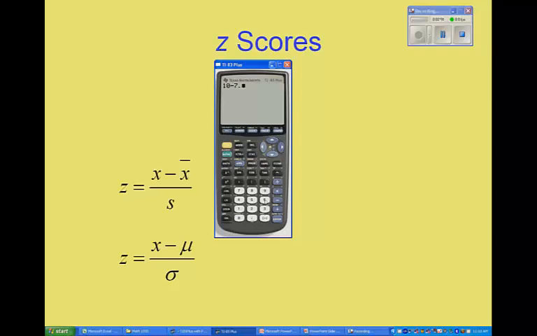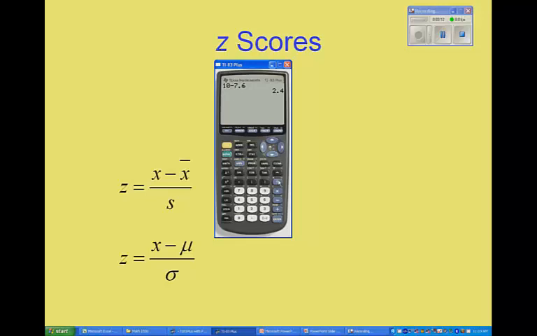By the way, when you do 10 minus 7.6, what do you measure? 2.4. That's how far away my data point is from where? From the mean. Okay? So that's nothing fancy. The z-score is nothing fancy. You subtract to see how far away you are from the mean.